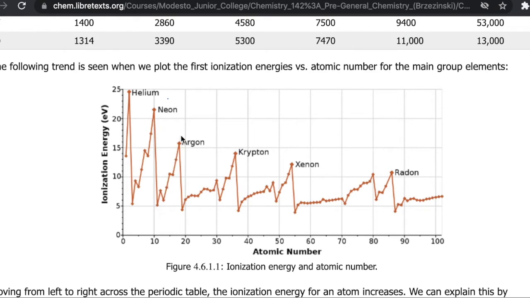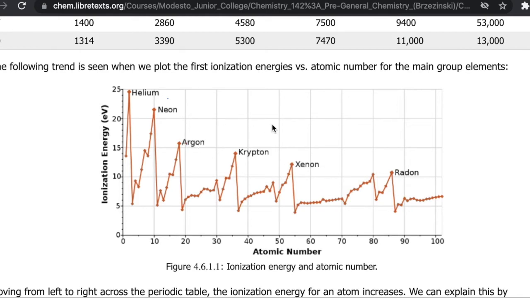And so the size of the atom is going down, and the energy needed to take an electron away is going up, because these electrons of argon are closer to the positively charged nucleus than the electrons in sodium or magnesium are. And so it's harder as you go from left to right across the periodic table, the energy increases.